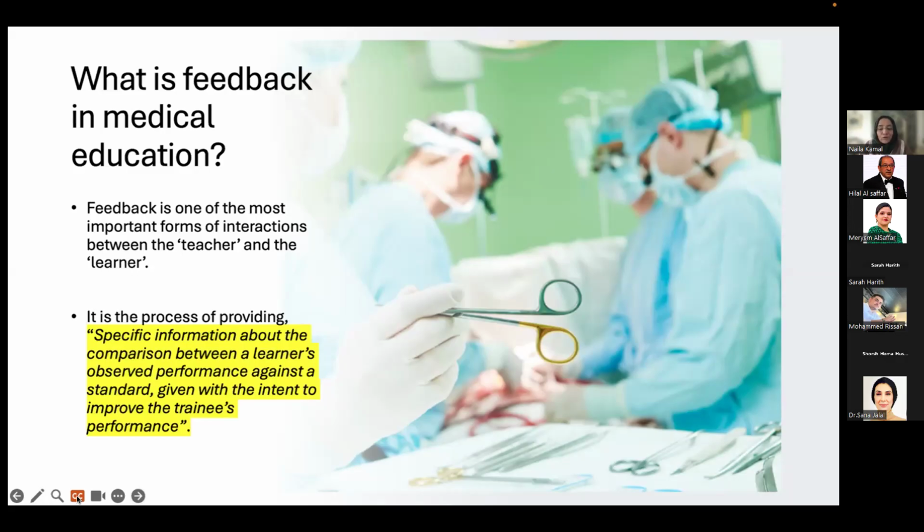So number one rule is there are no hidden agendas, and it is given in a trustworthy and honest manner, with the full intention that the goal is to improve the learner's performance.